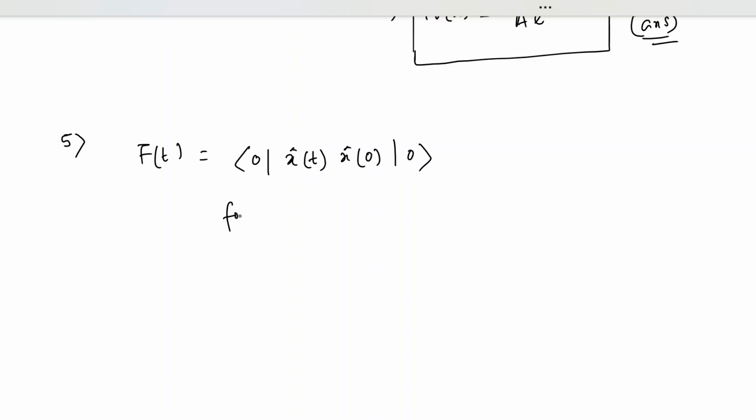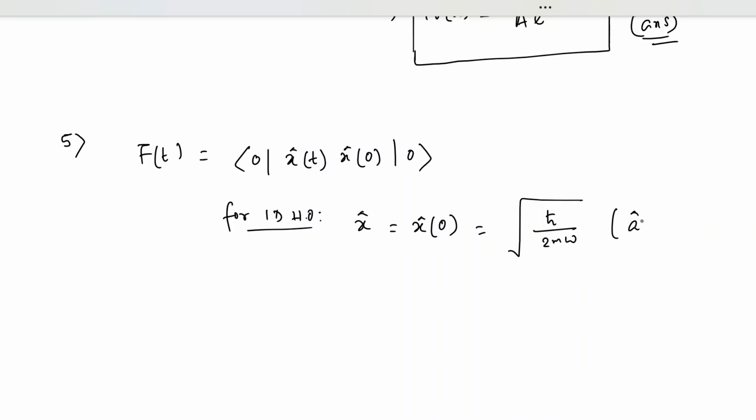So first of all, because it is a 1D harmonic oscillator problem, you can write down your position operator, which is basically the position operator without any time evolution, at t equal to 0, as root over of h cut by 2m omega, a cap plus a cap dagger, right?